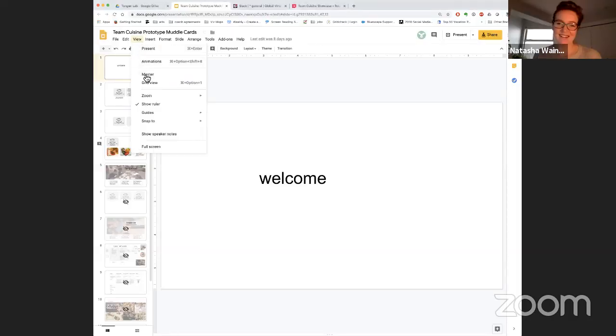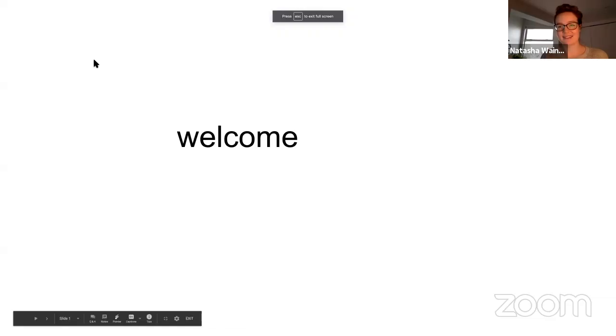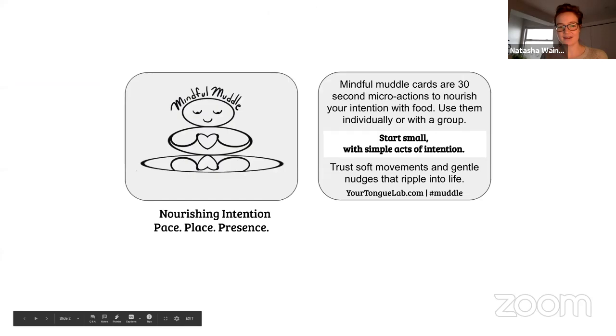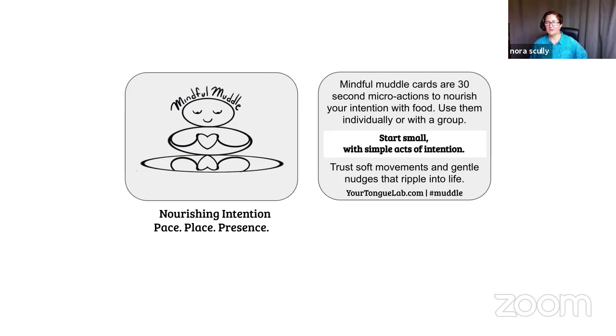So this was the prototype that we tested with users that Nora is just sharing on her screen. So we asked them questions about whether the instructions make sense for them. What are their ideas? We didn't want to influence them too much with our ideas.